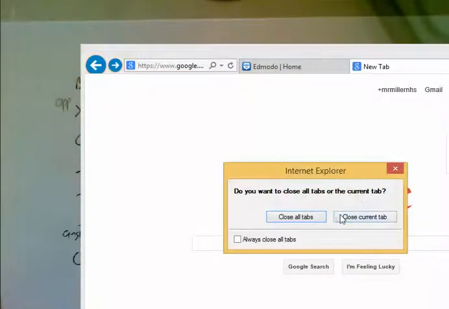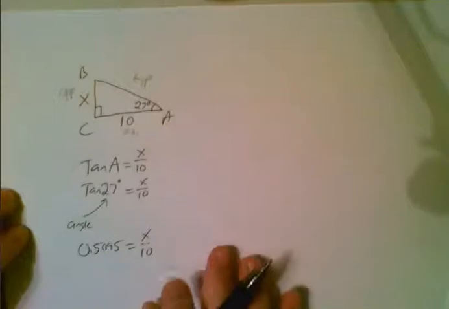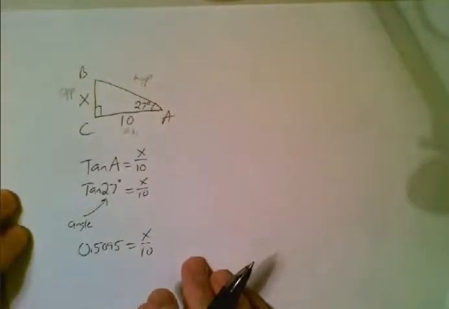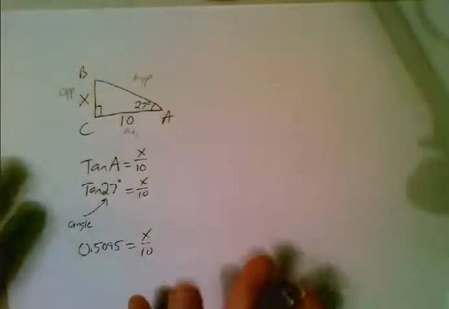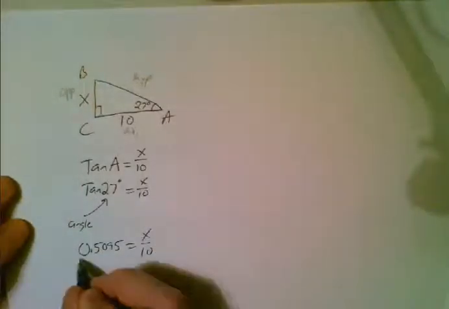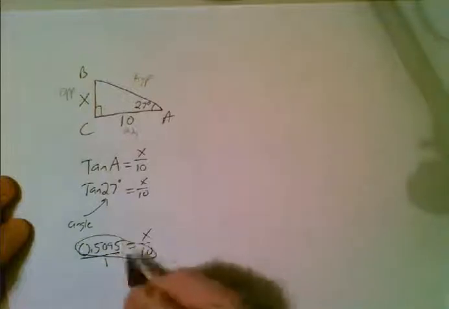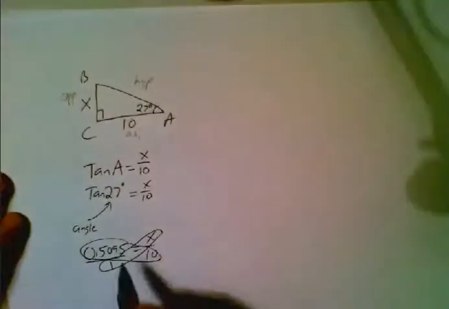Now let's actually solve the problem. Okay? My recommendation at this point, and I know some of you already know what to do, but for those of you that are still struggling, still trying to figure it out, here's my recommendation. Put this over 1 and play it safe and cross multiply. You are guaranteed to get the algebra correct if you do it this way.